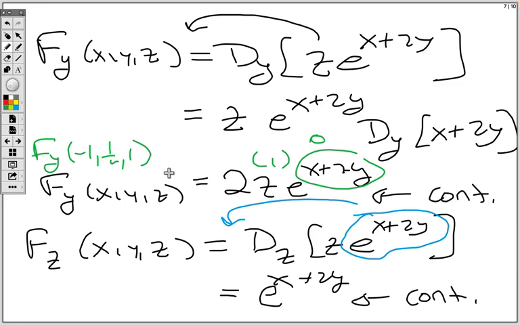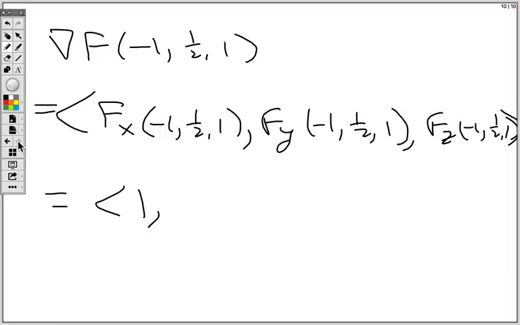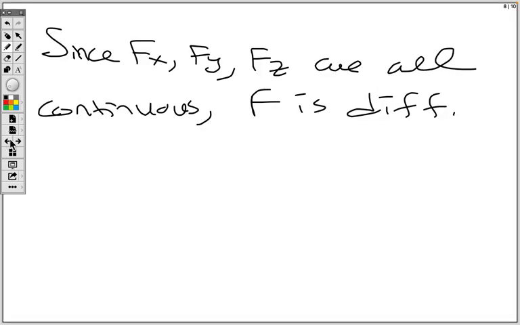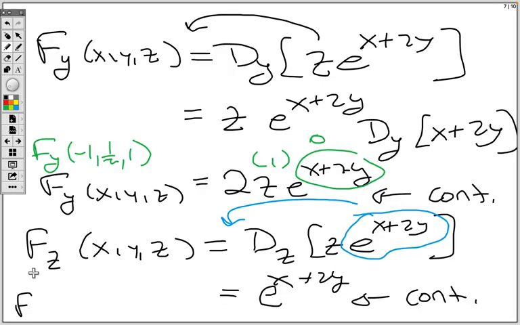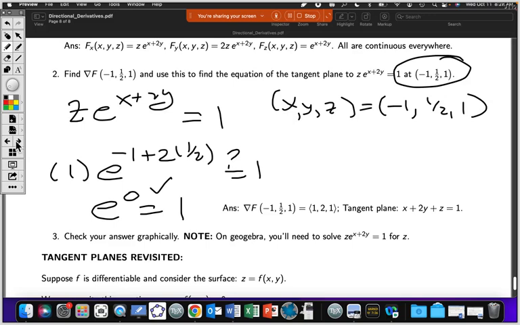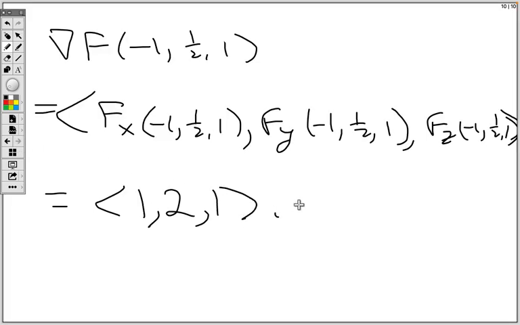Z is going to be 1, so I'm going to get a 2 times a 1 times a 1. I'll get a 2 out from that. And looking at fz, at negative 1, 1/2, 1, I get e to the 0, which is 1. Right? Any questions on calculating the gradient?